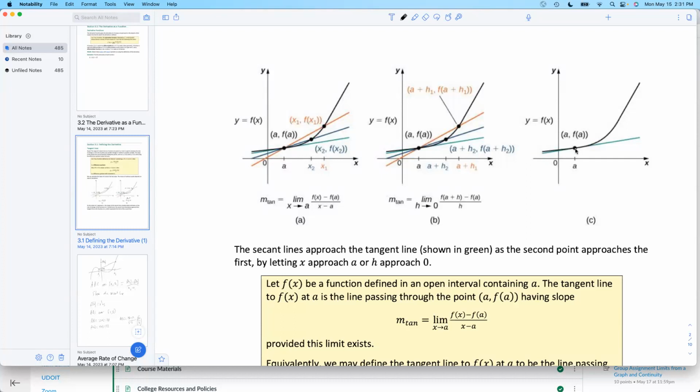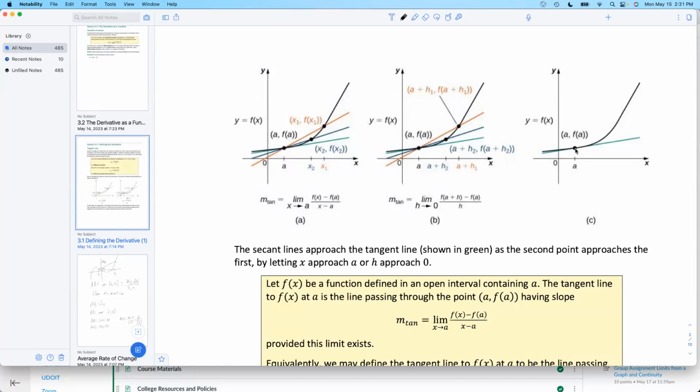Average rate of change is you drive from here to Tampa, it's 100 miles, and it takes you 2 hours. What was your average speed? Well, you did 100 miles in 2 hours. Your average speed was 50 miles an hour. That's an average velocity. Instantaneous velocity is how fast are you driving right now at this moment.